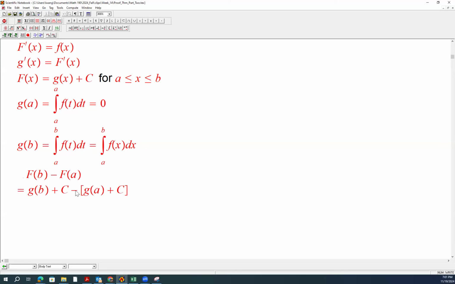Open up the brackets, we get minus C. So C and C makes 0. We got g of b minus g of a, and g of a was 0. So we just have g of b. And what is g of b? G of b is that integral.